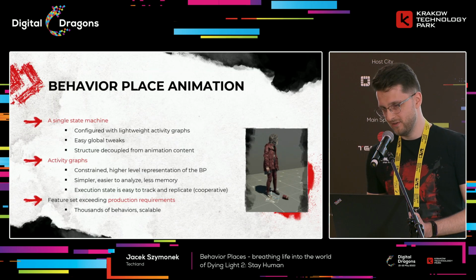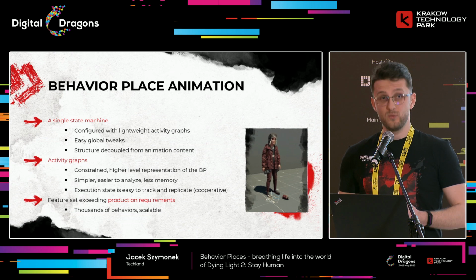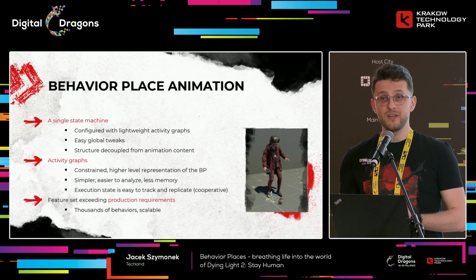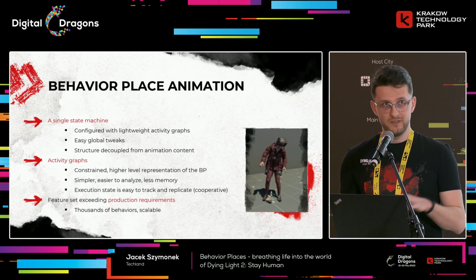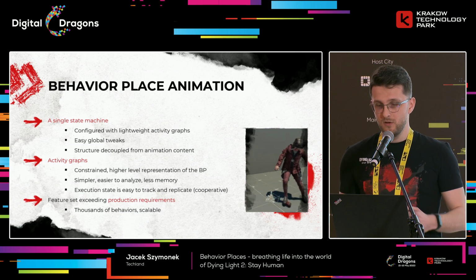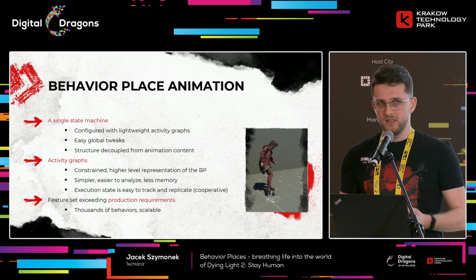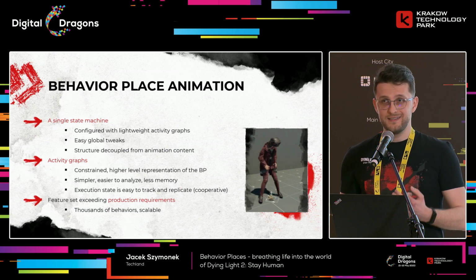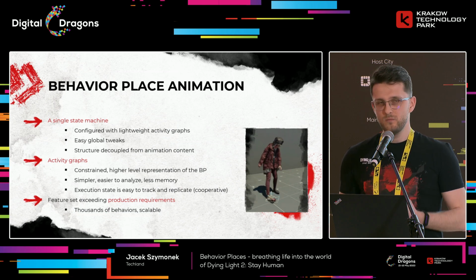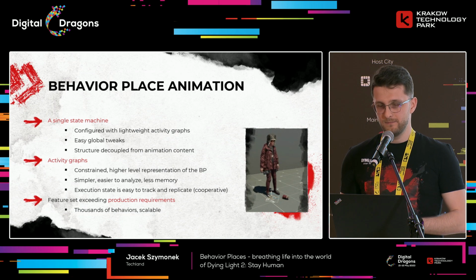Let's summarize this part of the talk. During production, we managed to create a common state machine for all of the behavior places in the game, which is configured with lightweight activity graphs. These graphs allow us to express the state machine on a higher level and to minimize the memory footprint.